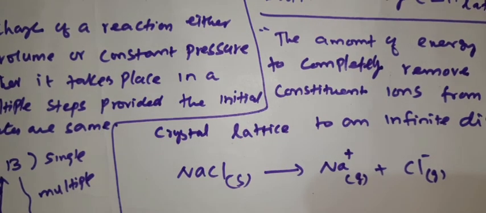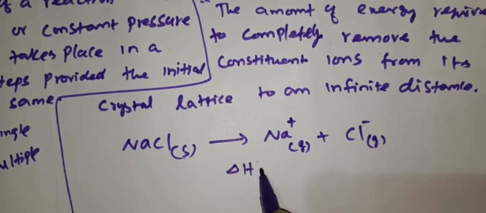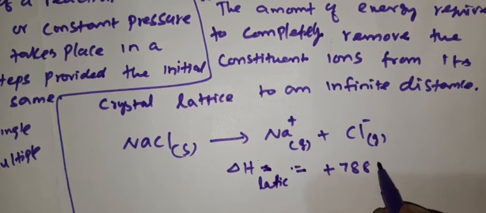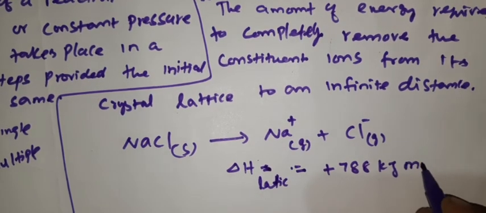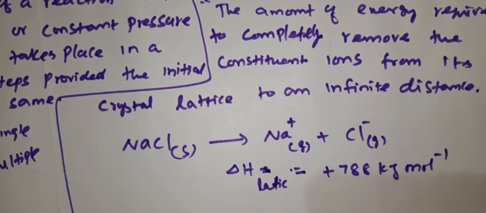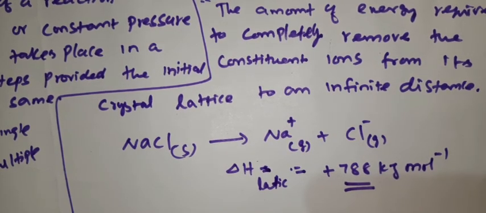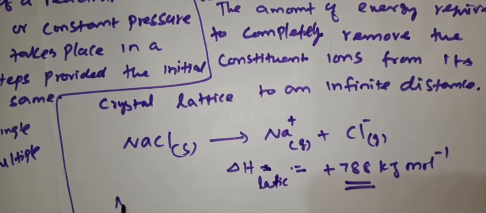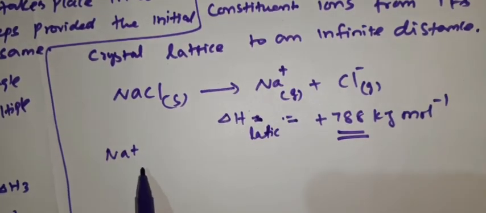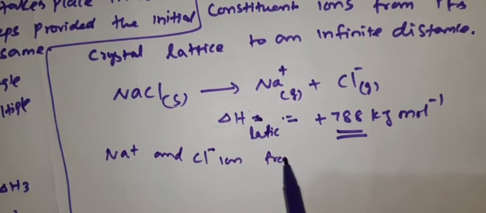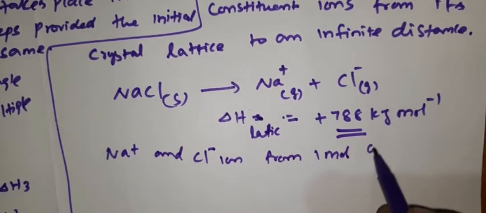So the delta H lattice equals plus 788 kilojoule per mole. From the above equation it is clear that 788 kilojoule of energy is required to separate Na plus and Cl minus ions from 1 mole of NaCl.